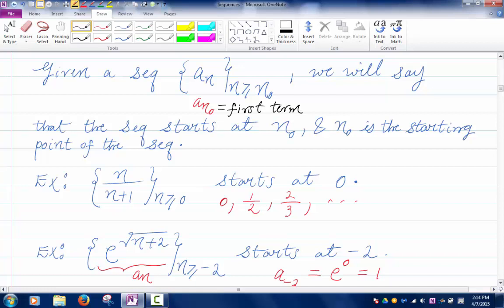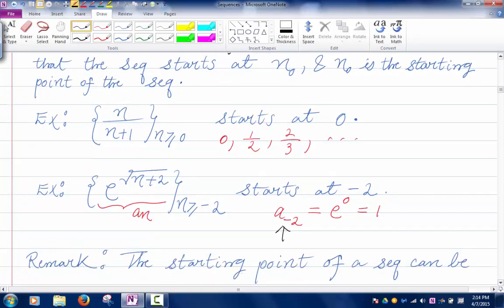So in the next two examples, I'm going to say that the first sequence starts at 0, or that the starting index of the sequence is 0. In the second example, I'm going to say that the starting index or point is -2, or that the sequence starts at -2. Starts at index -2.